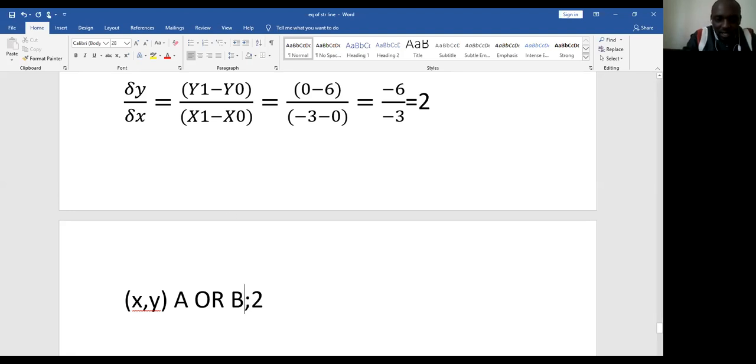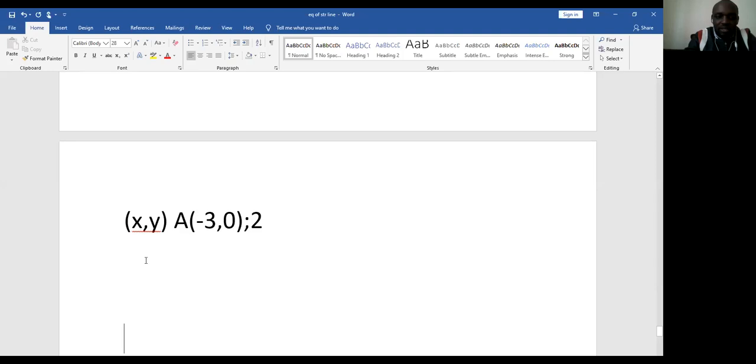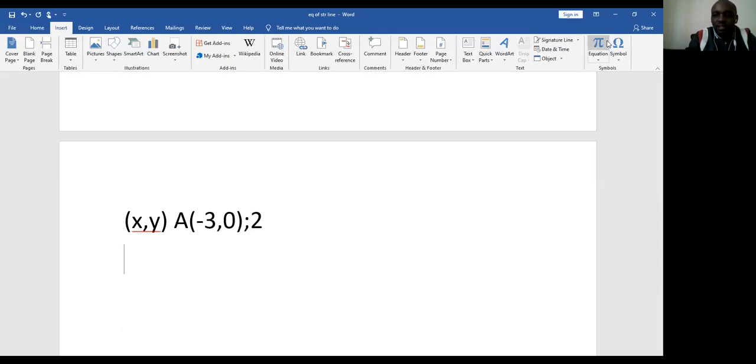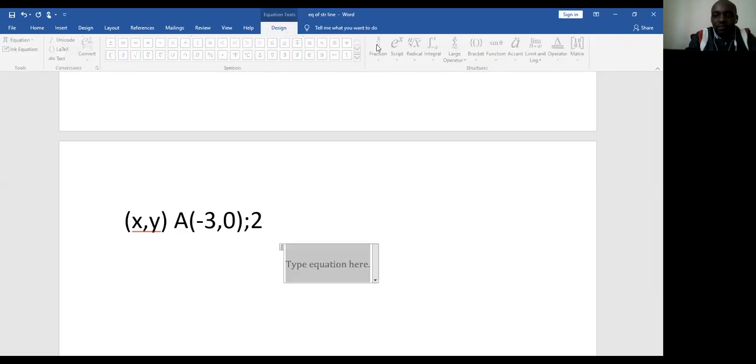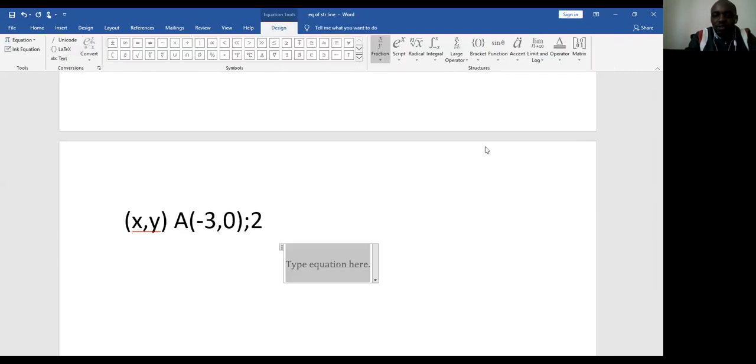So I have said A is (-3, 0). And so I come here to find the equation of a line, I require to insert this, change in y over change in x. We require another one.